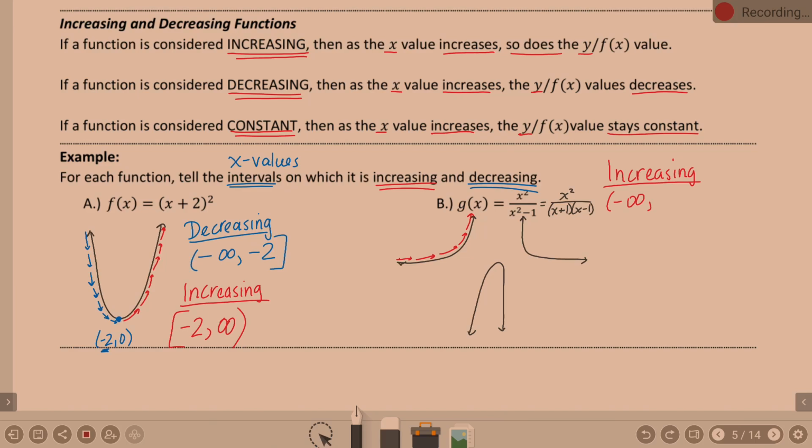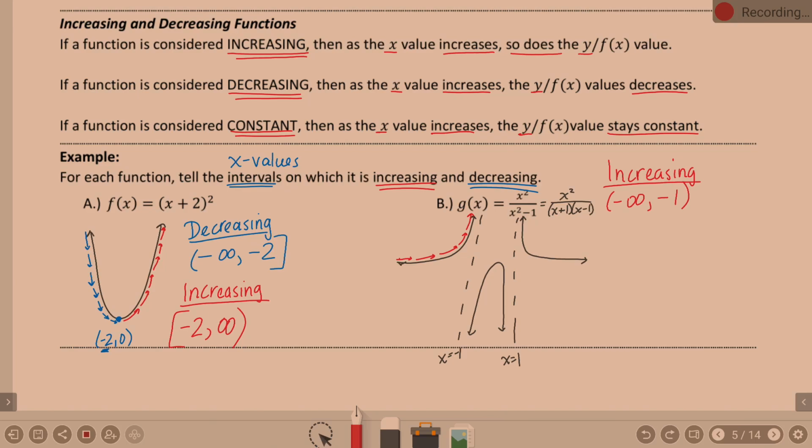So x plus 1, x minus 1 means there are vertical asymptotes at negative 1 and positive 1. Okay, so we are increasing up to negative 1. Are we going to touch negative 1? No, because it's an asymptote. So we're going to use a parenthesis.